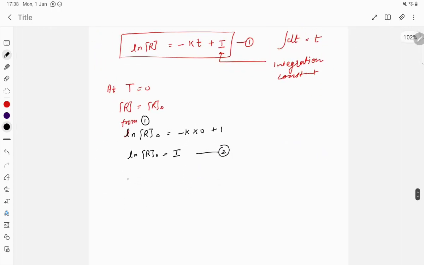Now from 1 and 2, ln R is equal to minus kt plus I, and we put the value of I, which is ln R naught.